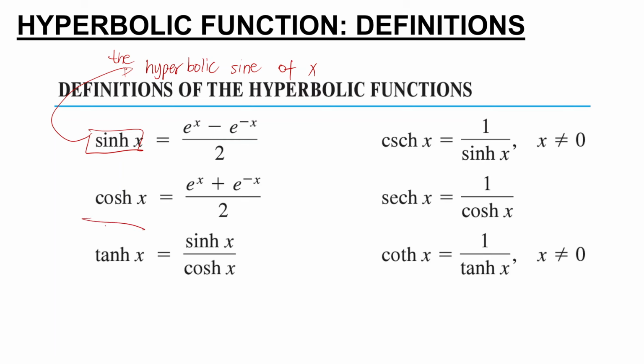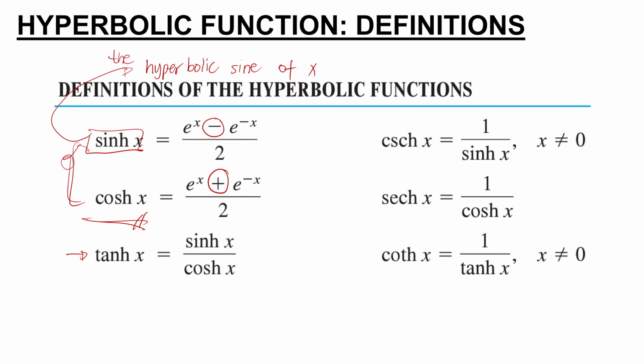And for the hyperbolic cosine of x, that is just e raised to the x plus e raised to the negative x. So if you look closely, for our hyperbolic sine, we have a negative, and for the hyperbolic cosine, that is the positive. Actually, we don't need to remember everything. We just remember these two, and we'll be able to get our hyperbolic tangent x. Same principle with the tangent function.